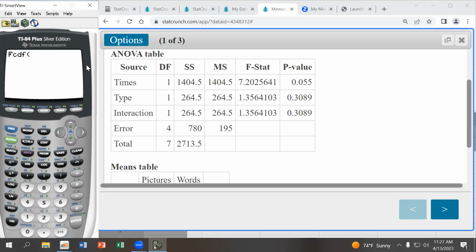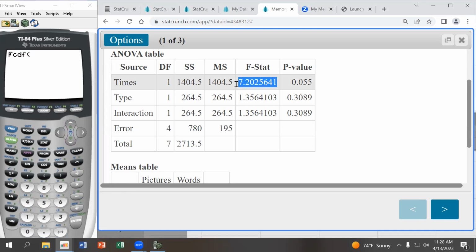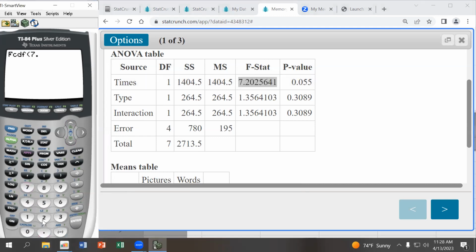Okay. Finally, FCDF. We want to enter the F statistic for the first factor, which is row, 4 decimal places, so 7.2025. Would that be for lower, upper? That is correct. Okay.